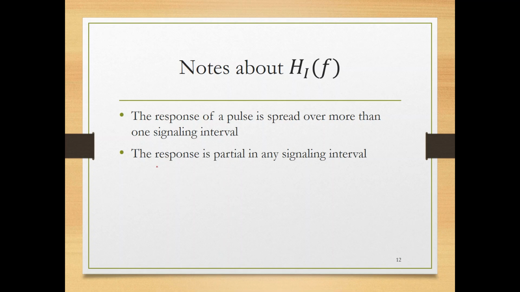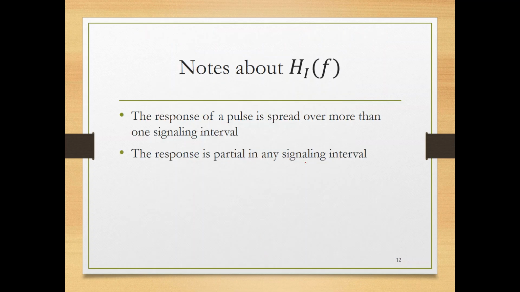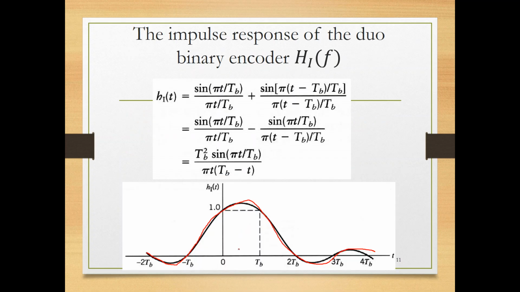Can you make this observation without drawing the signal in the time domain? You cannot, or you must be a very good mathematician to know it from the equation. But from graphics, it's much easier. So here, the response is partial in any signaling interval. What does this mean?